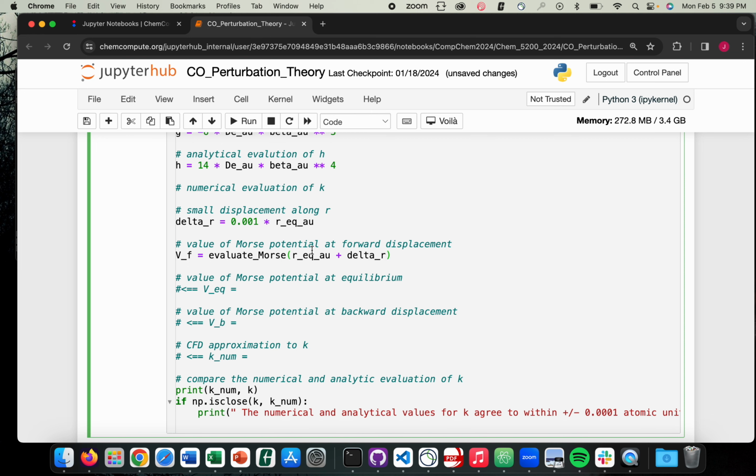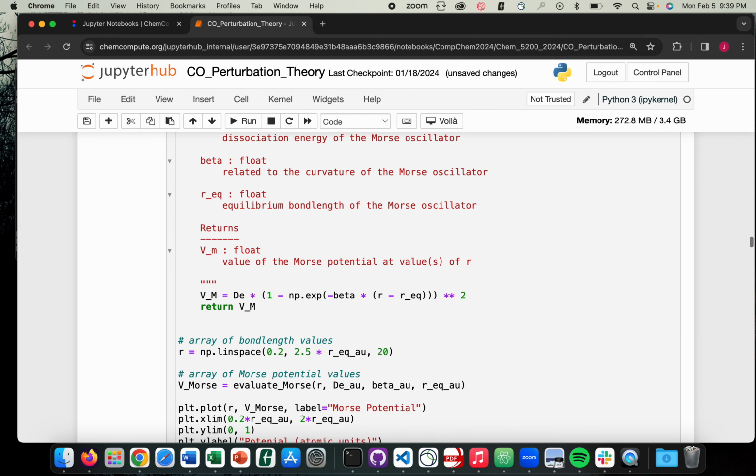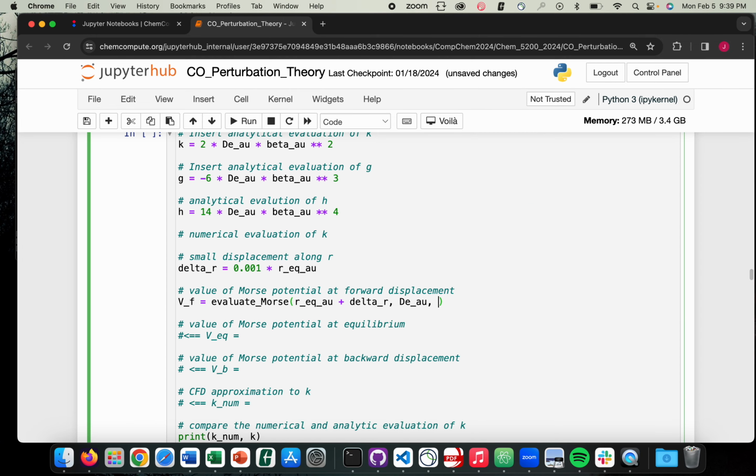Because that's going to be the equilibrium bond length plus delta R, comma DE underscore AU, and then what are the other arguments I need? Beta and REQ AU. Okay, so that should be my value of the Morse potential displaced by a little bit, delta R.